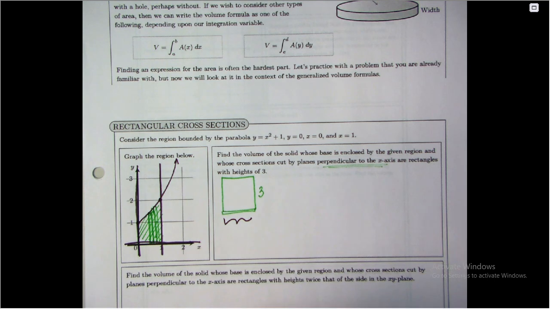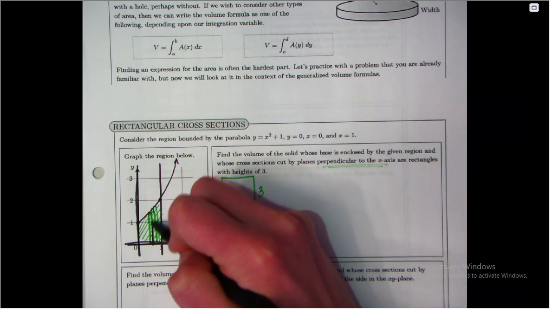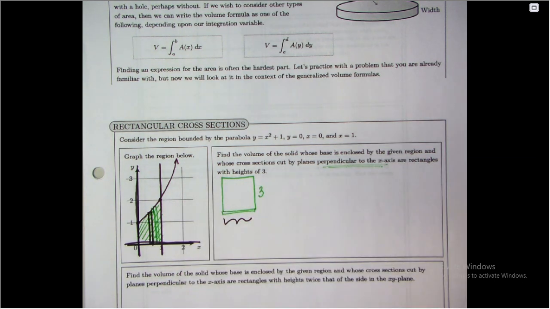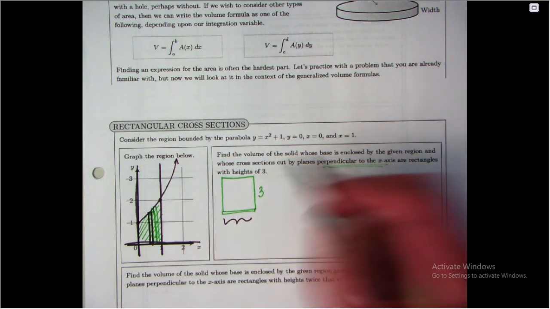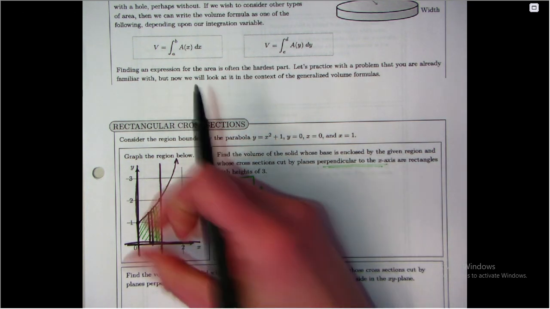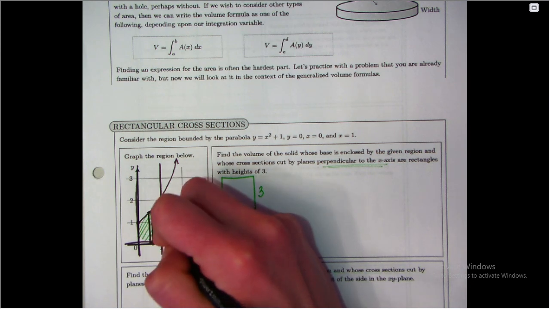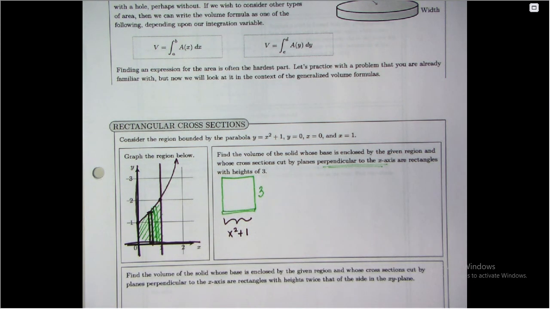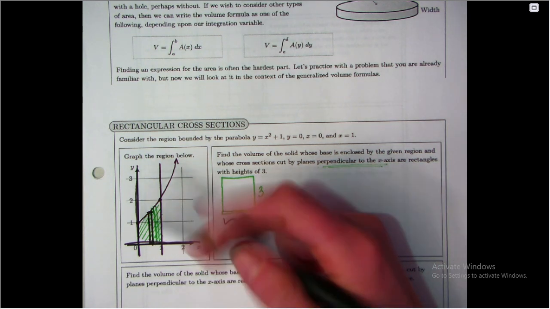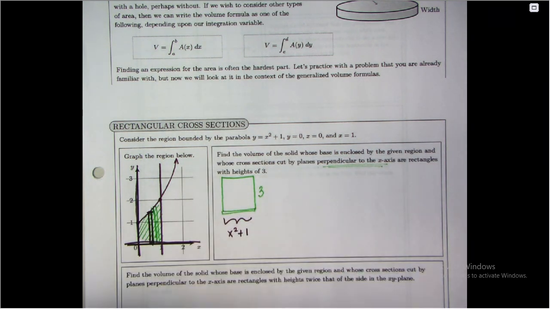So in this problem, the base, the length of each of those Riemann sum rectangles, would just be determined by the parabola. That would mean that the length from the axis to that parabola was simply x squared plus 1. And I would build off of that base, up and out.